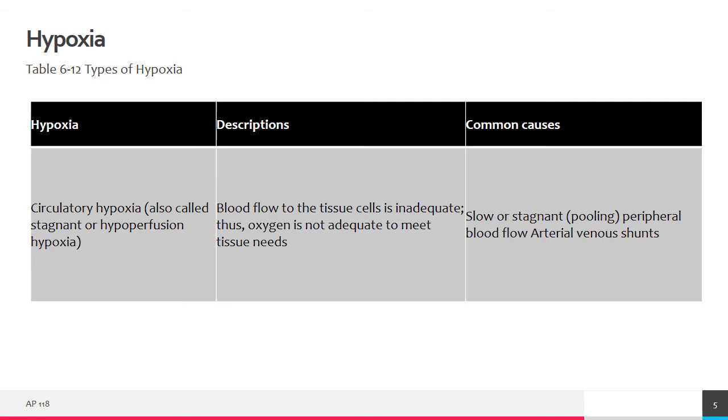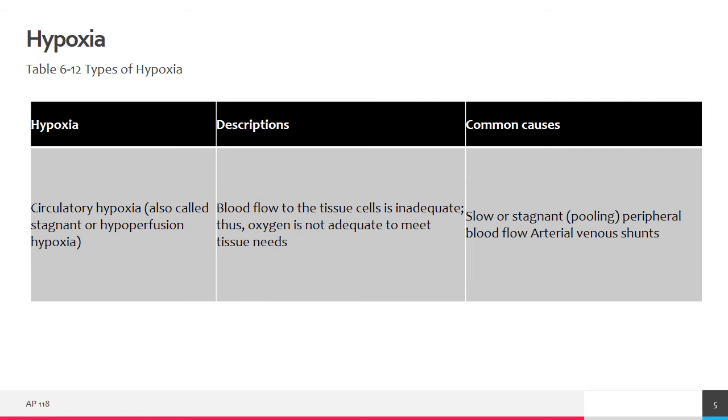In circulatory hypoxia, the arterial blood that reaches the tissue cells may have a normal oxygen tension and content, but the amount of blood, and therefore the amount of oxygen, isn't enough to meet tissue demands. The two main causes of circulatory hypoxia are a slow or stagnant peripheral blood flow and arterial venous shunting.